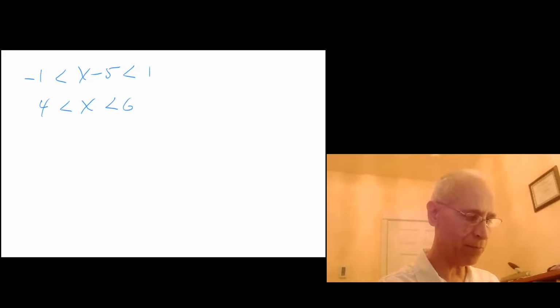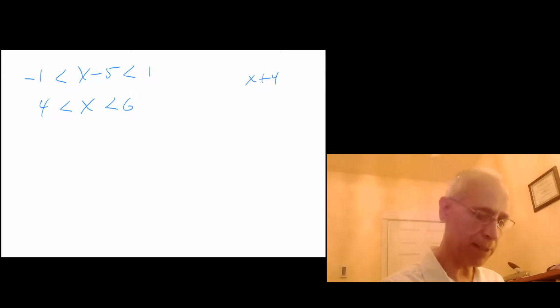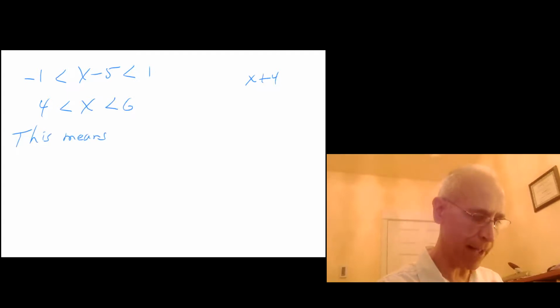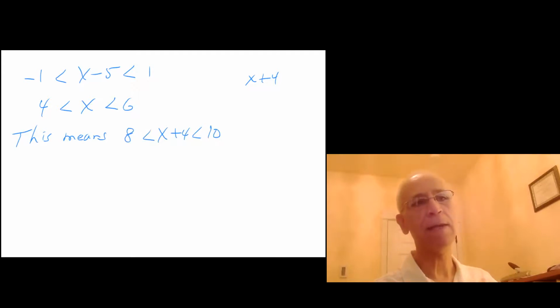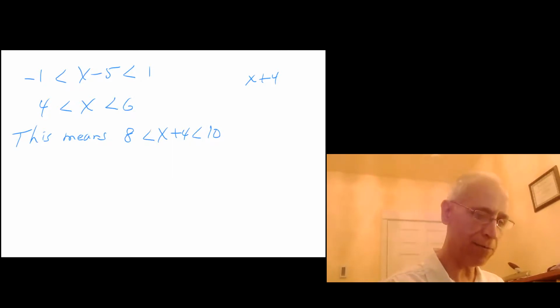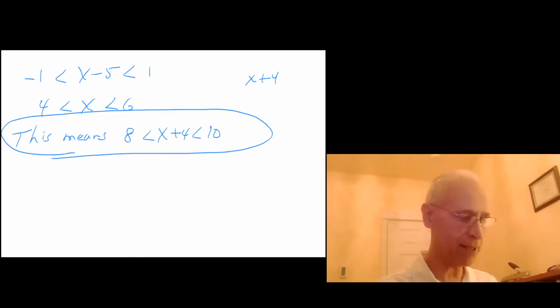So how about the other part that we had, the x plus 4? This means that x plus 4 is between 8 and 10, adding 4 to all three sides of this inequality. So now we've established a bound that x plus 4 must be between 8 and 10.